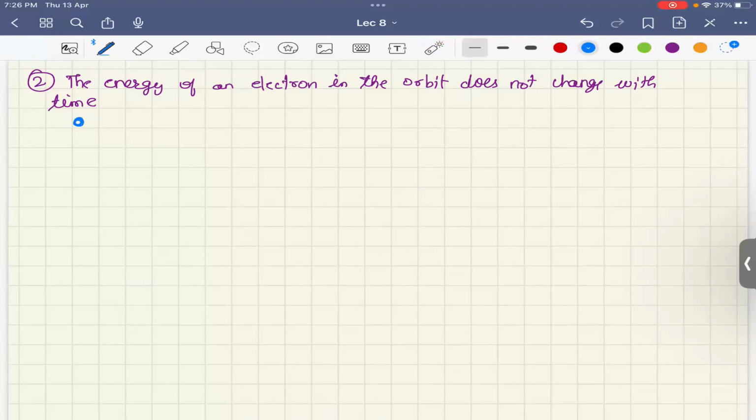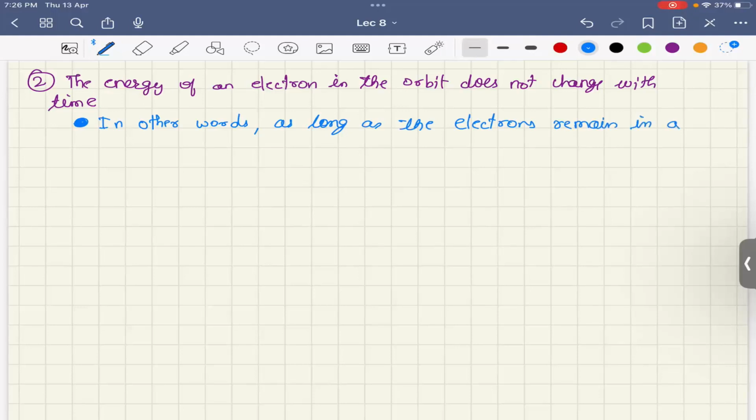Let me write this down. The first sub-point is, in other words, as long as the electrons remain in a particular orbit, it does not lose or gain energy.